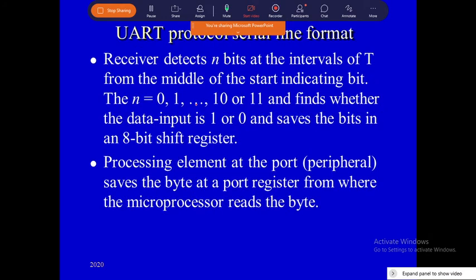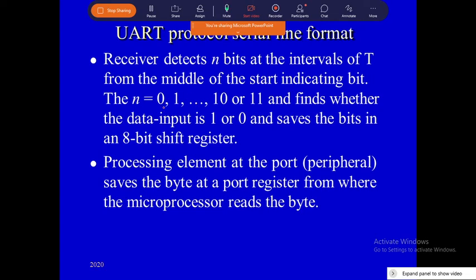The receiver detects n bits at the interval of T from the middle of the start indicating bit, where n is equal to 0, 1, 2, 3, up to 10 or 11, and finds whether the data input is 1 or 0 and saves the bits in an 8-bit shift register.